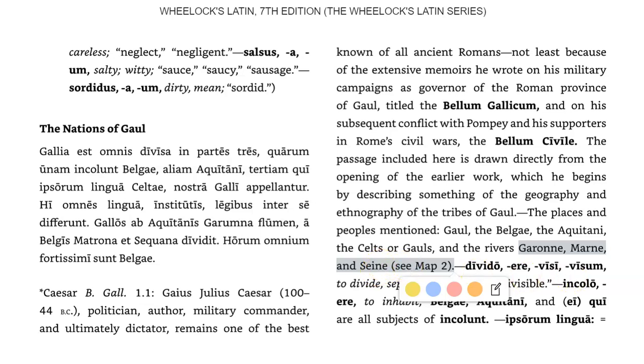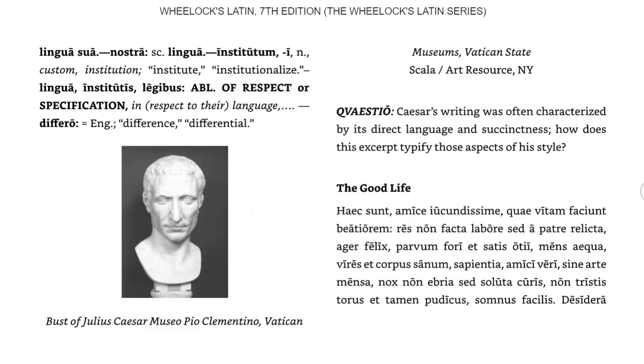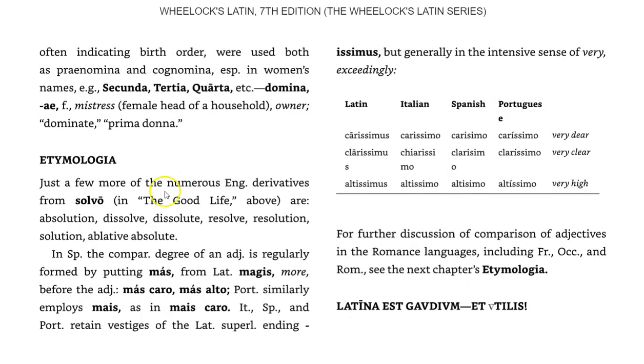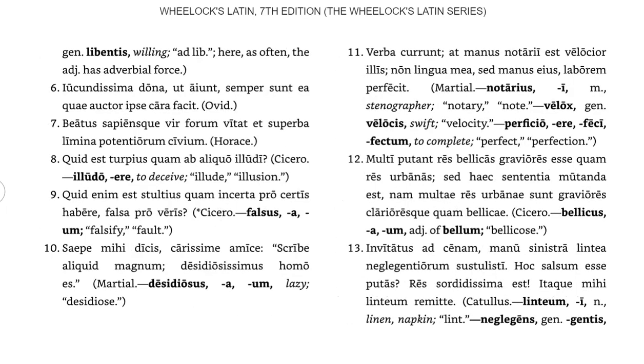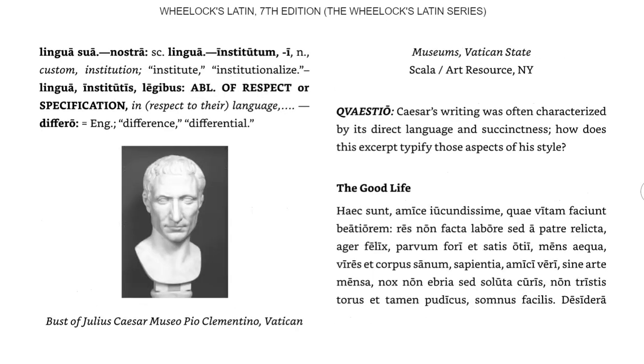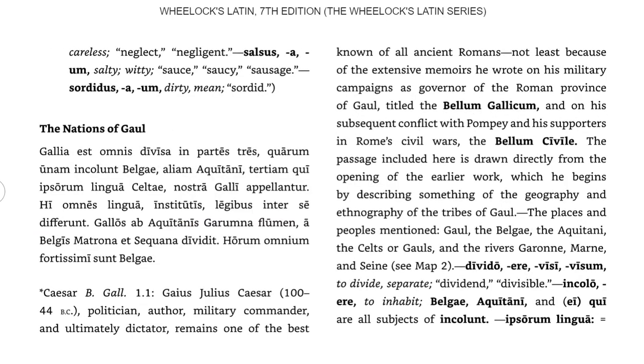Let's see, where's the map? Do they have a map here? No. So wherever map 2 is, not sure where map 2 is, but because I'm feeling a little under the weather, if you look in your book, apparently see map 2, you'll have a better description of this.